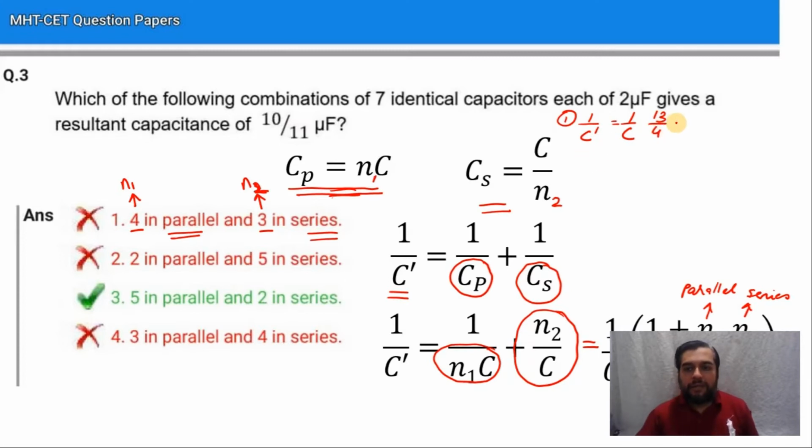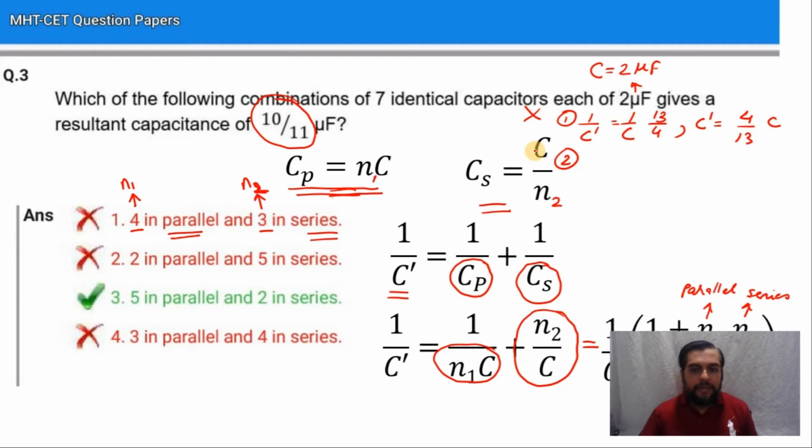Rearranging to find C dash, it will be 4 by 13 times C. How much is the identical capacitor value? Each identical capacitor is 2 microfarad. So 4 twos are 8, so 8 upon 13. What we want as the resultant is 10 upon 11. So this is not possible.